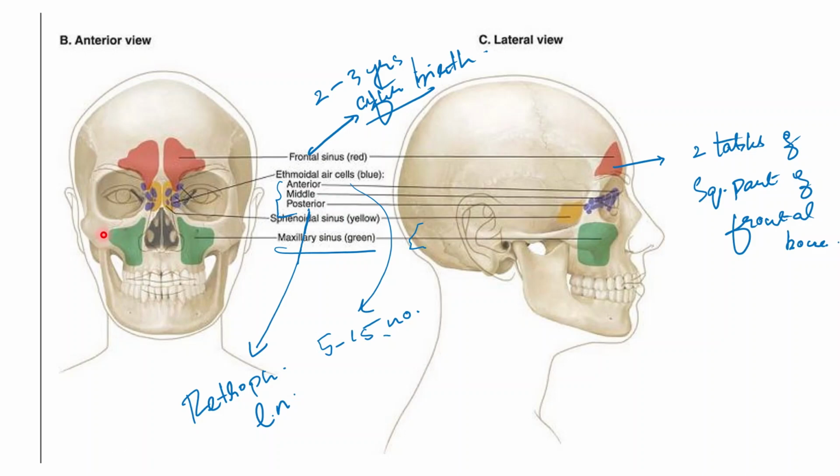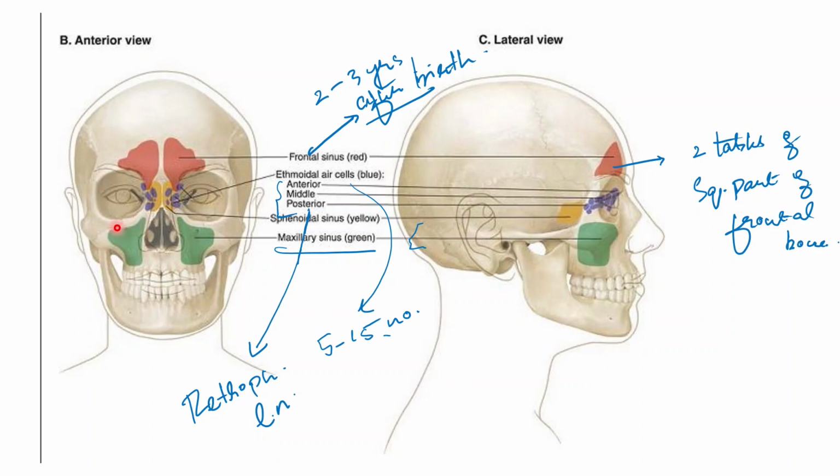The apex is formed by the zygomatic process of the maxilla, whereas the base is opposite to the apex, as we can see here in the one which I have highlighted. The base is formed by the nasal surface of the body of the maxilla.